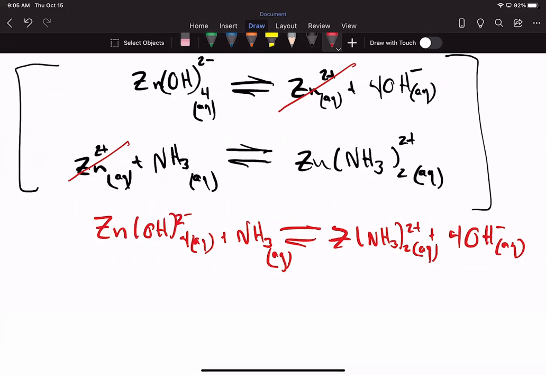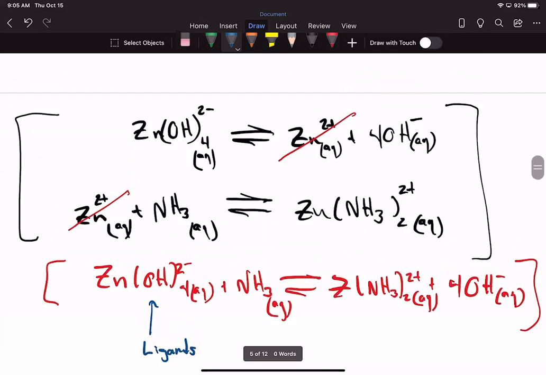I'm going to have this new Lewis, or this new acid-base adduct, but I really want to see the whole reaction. I really want to know the entire reaction of pushing and moving this particular ligand here. So these are what we call, I should introduce that term now, ligands, right?